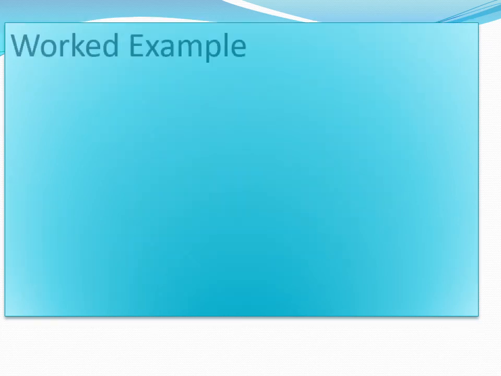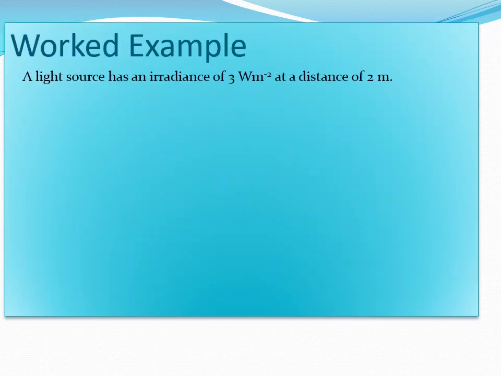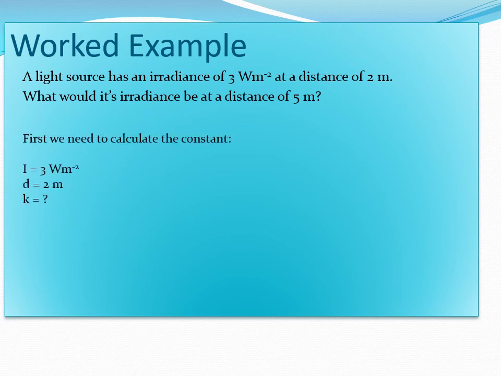So, worked example: a light source has an irradiance of 3 watts per meter squared at a distance of 2 meters. What would its irradiance be at a distance of 5 meters? First off, we're trying to work out its irradiance at 5 meters, but to do that, we need to work out its constant. We can do that using this information.